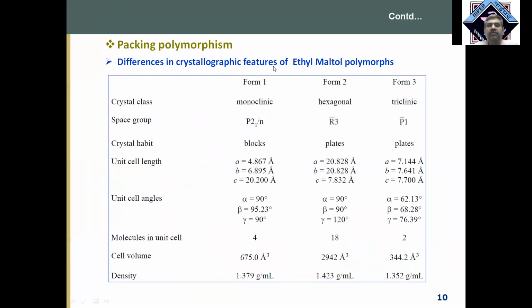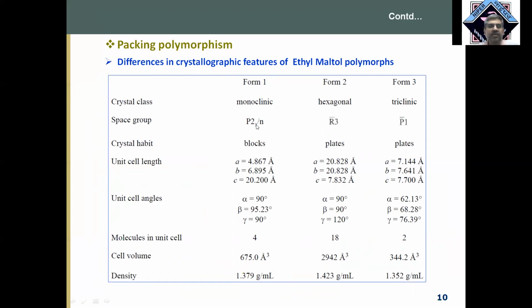Different crystallographic features of ethyl maltol polymorphs are captured in this table. Crystal class for form 1 is monoclinic, for form 2 is hexagonal, and for form 3 it is triclinic.